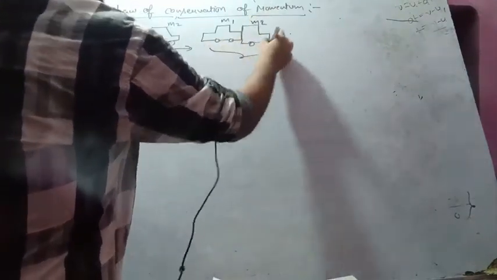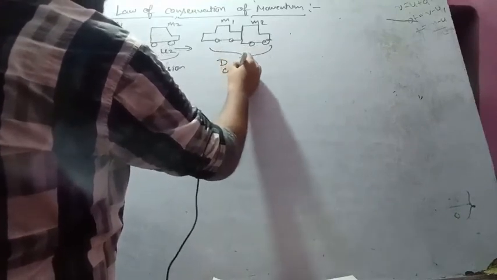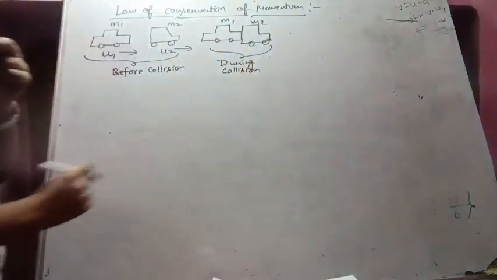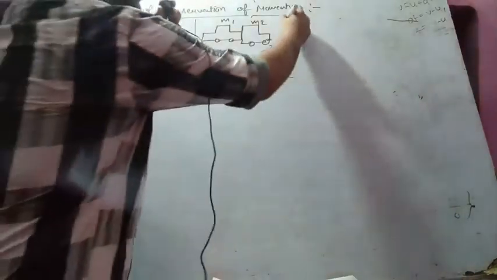So this is the case during collision. This is the first case, before collision, and this is during collision. Now let us come to the third one, after collision. So what will happen after collision? I have to draw it once again.